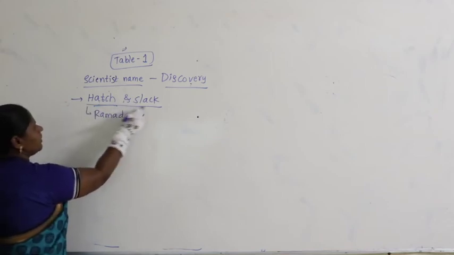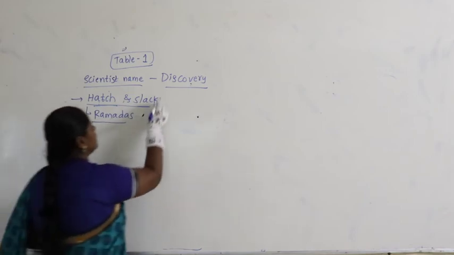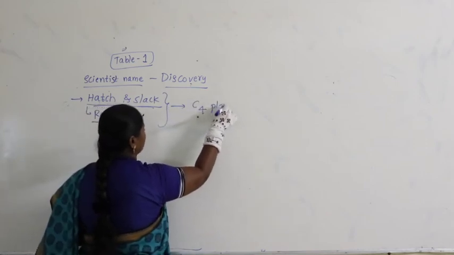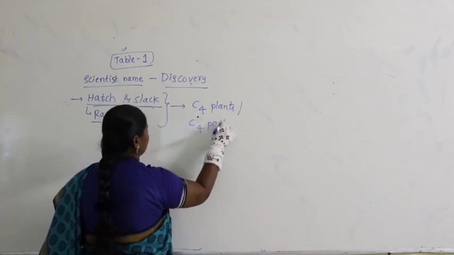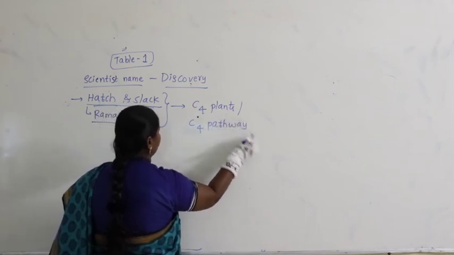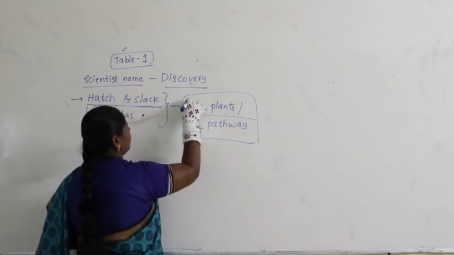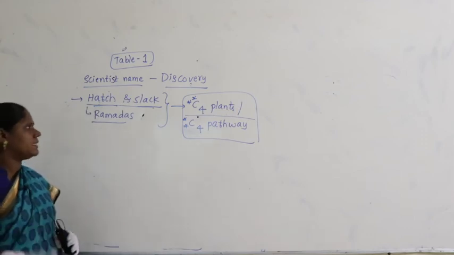Now, these 2 are a combination of 2 scientists. Later one more scientist, Ramadas, they studied C4 plants and the C4 pathway. They studied the C4 pathway and what are called C4 plants. What C4 plants are, we will discuss later.